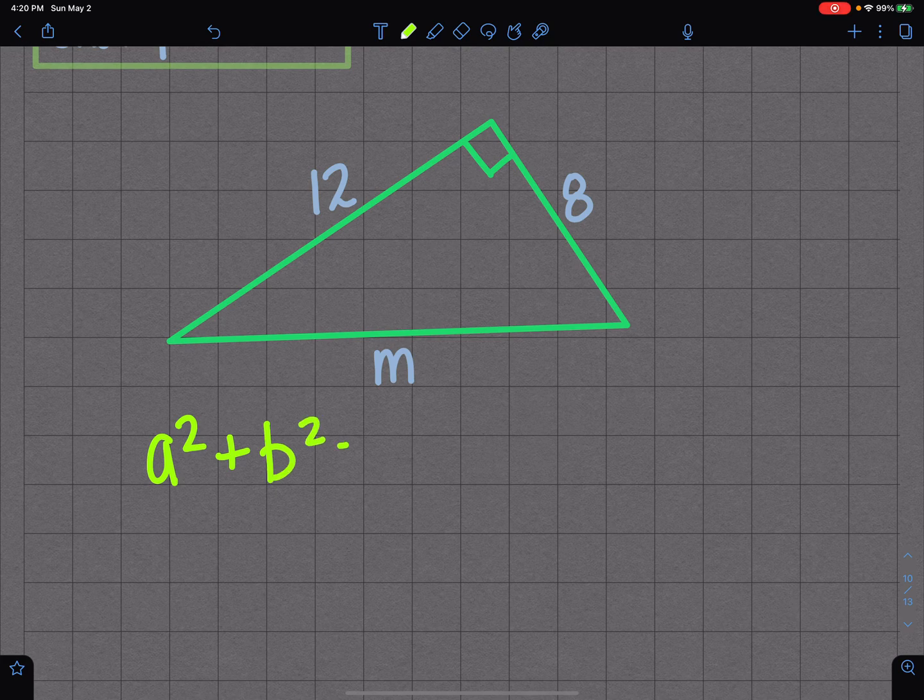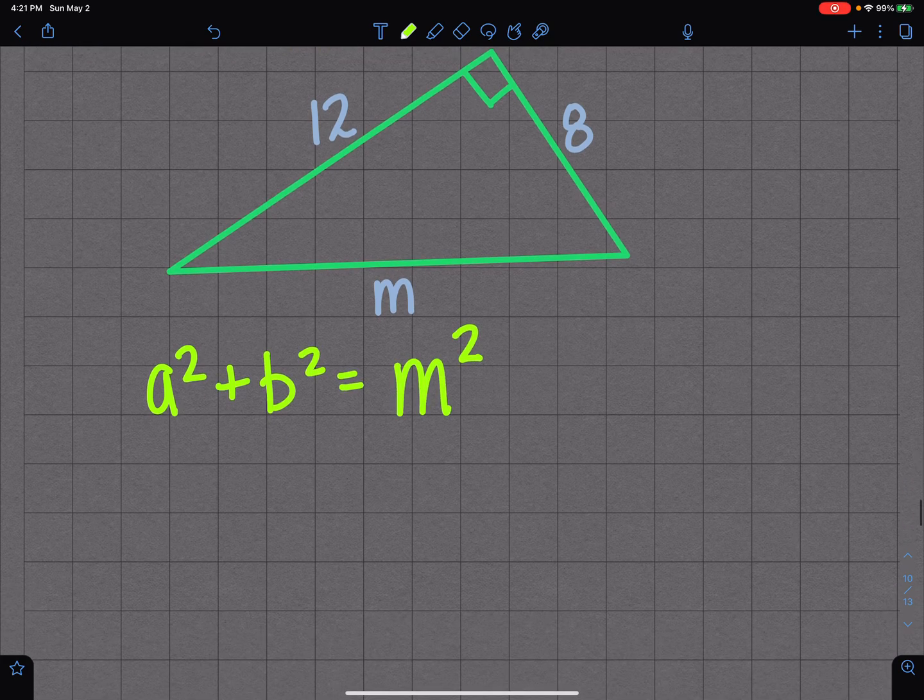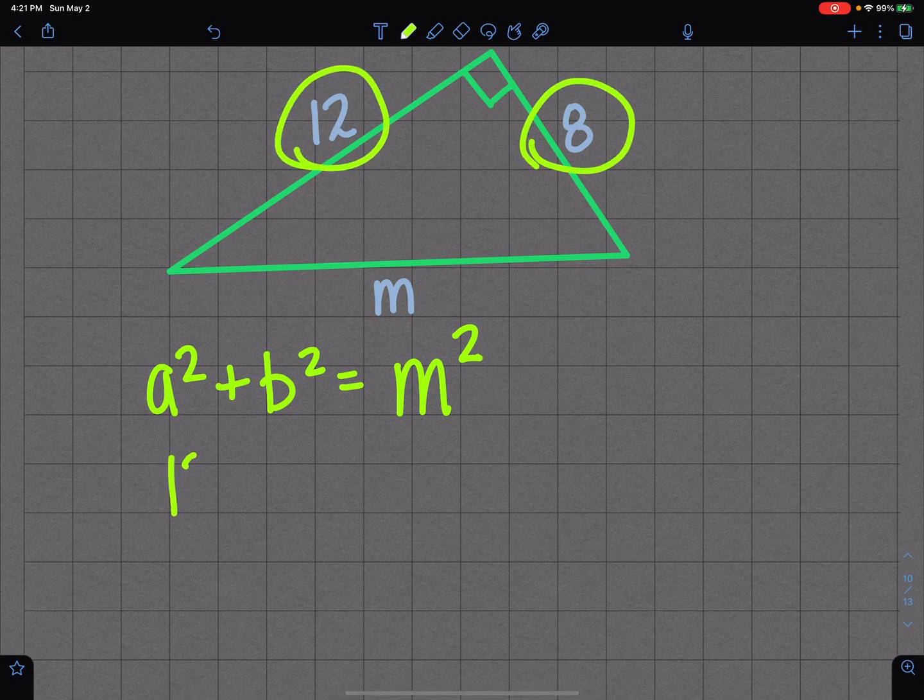A squared plus B squared equals, I'm just going to say M squared right here. It doesn't matter which one you pick for A or B. So let's just do 12 squared plus 8 squared equals M squared.